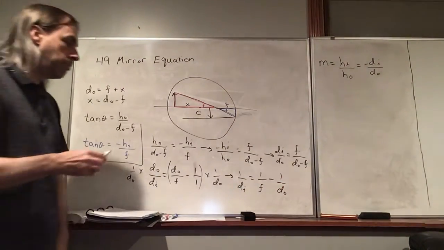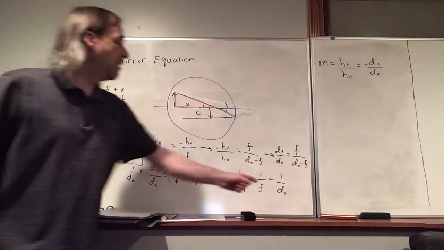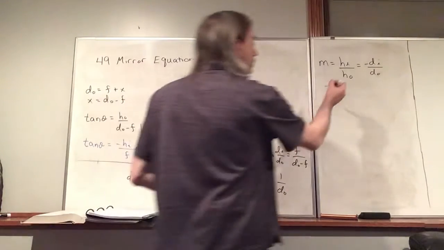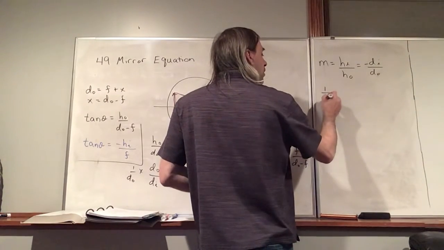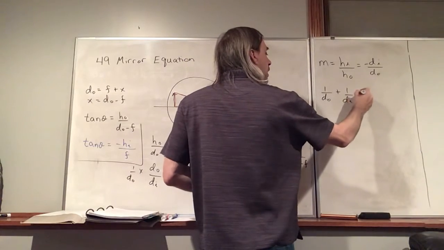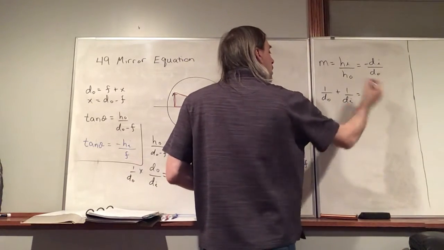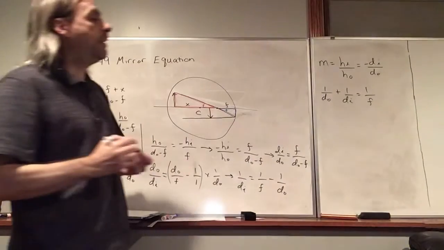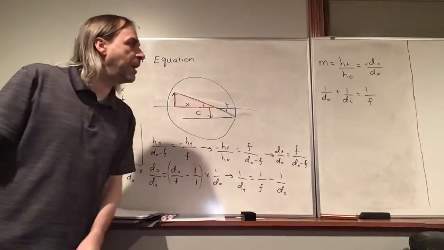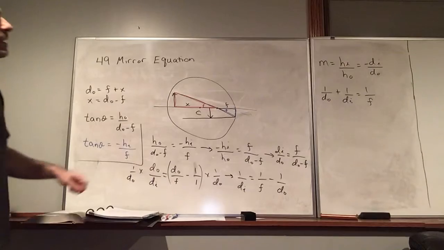And so, well, it's actually the last step. Let's just move this term over to the other side and collect everything. So what we have is 1 over do plus 1 over di equals 1 over f, and that is the spherical mirror equation. We get this from these ray diagrams, and it takes a fair amount of algebra, but that is the result.